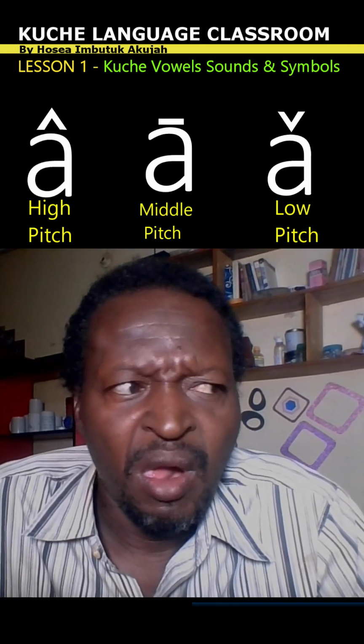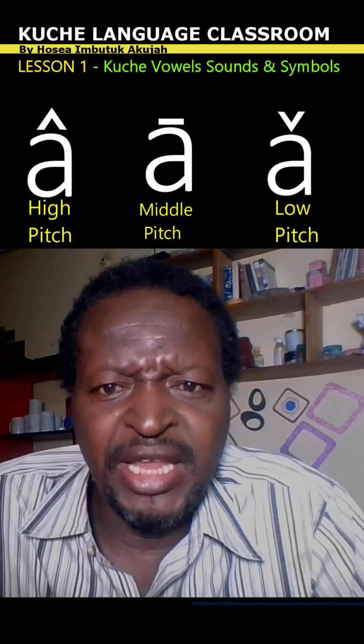One is the high pitch, one is the low pitch, and one is the middle pitch, intermediate, or whatever you call it. Whatever is in the middle is neither high nor low.